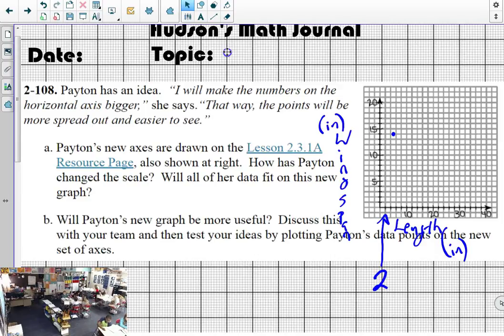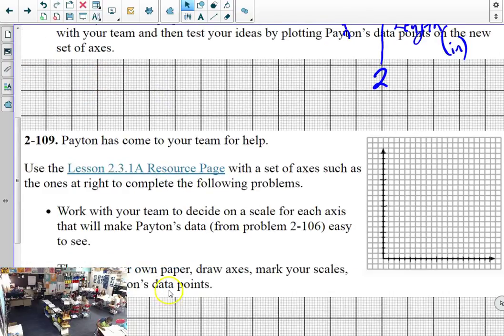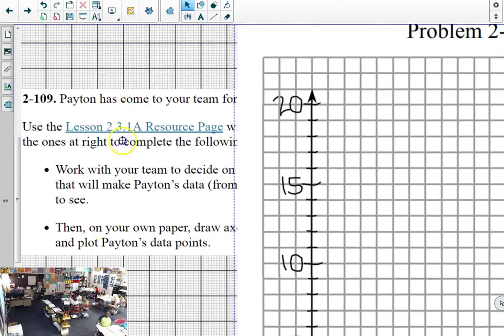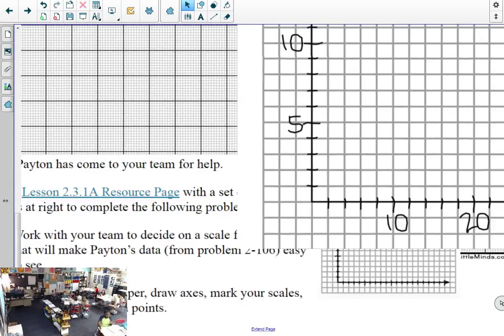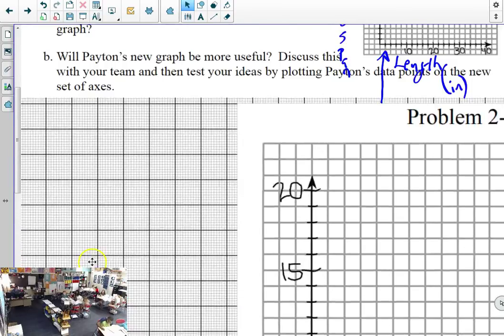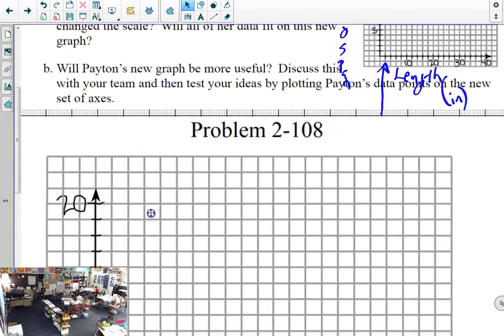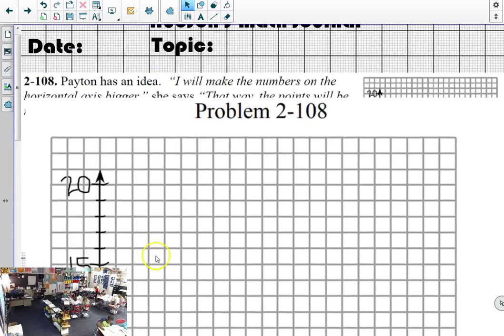Actually, let's zoom way in. Alright, we're just going to cover this up.